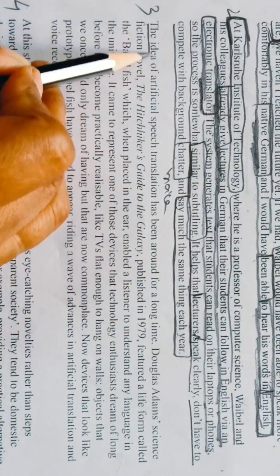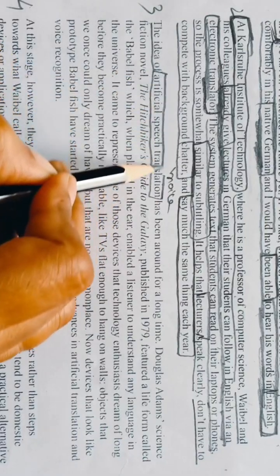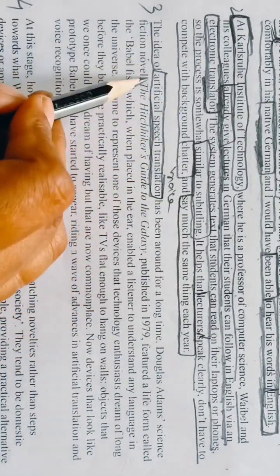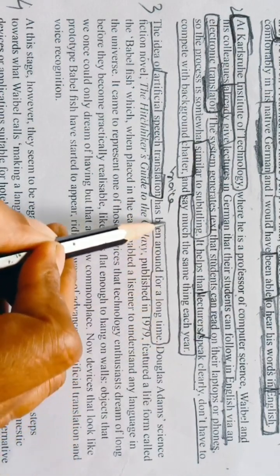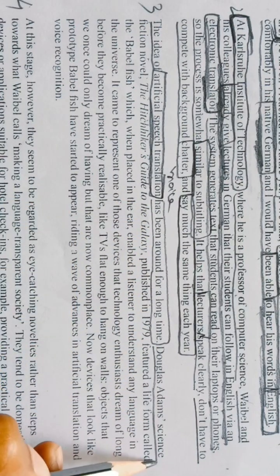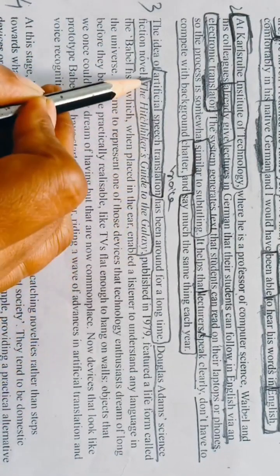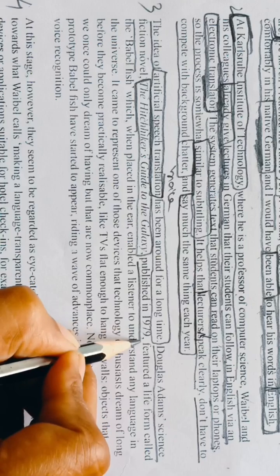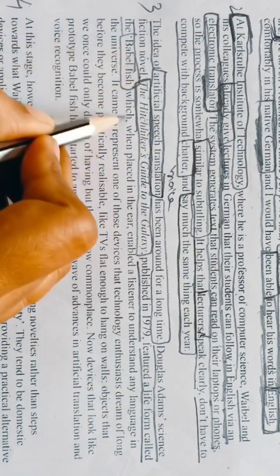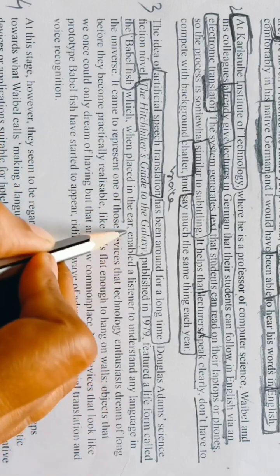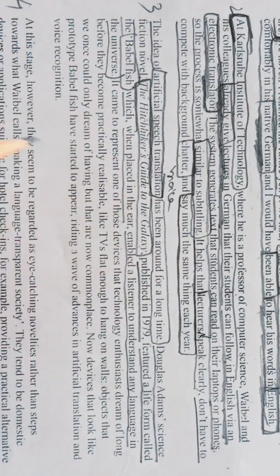Third paragraph. The idea of artificial speech translation. Okay, so this is our keyword, artificial speech translation. The idea of artificial speech translation has been around for a long time. Douglas Adams' science fiction novel, The Hitchhiker's Guide to the Galaxy, okay, so this is also our keyword, published in 1979, featured a life form called the Babel fish, which, when placed in the ear, enabled a listener to understand any language in the universe.